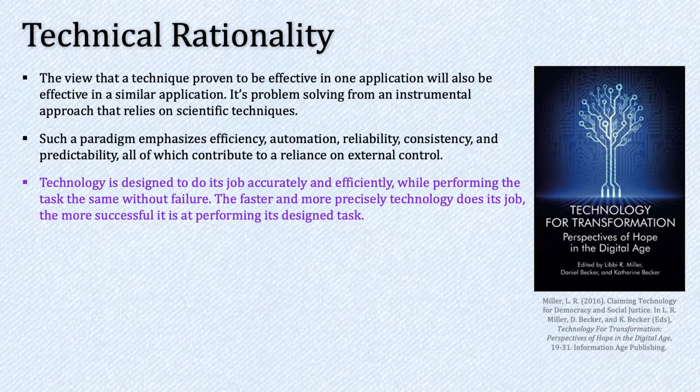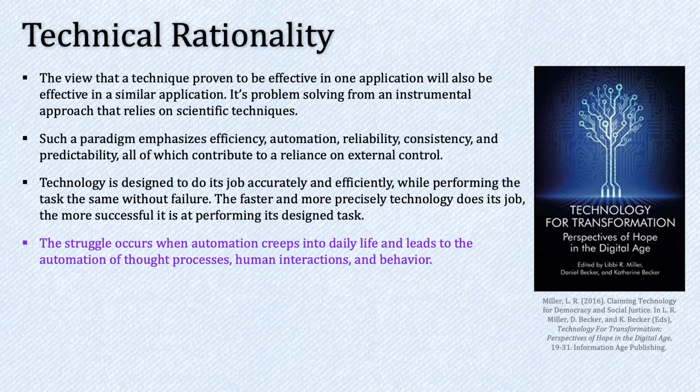In Miller's mind, technology is designed to do its job accurately and efficiently while performing the task the same without failure. The faster and more precisely technology does its job, the more successful it is at performing its designed task. Well, what's wrong with that, you might argue? Well, the struggle occurs when automation creeps into daily life and leads to the automation of thought processes, human interactions, and behavior.